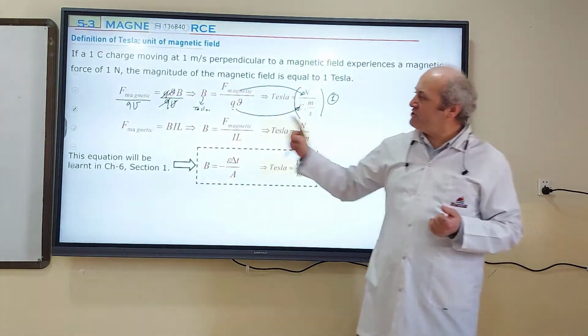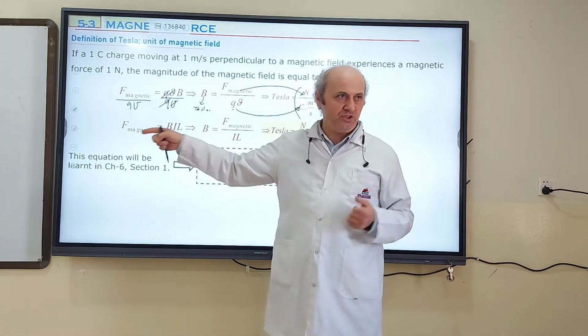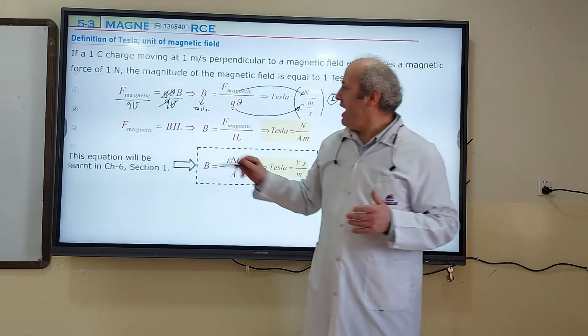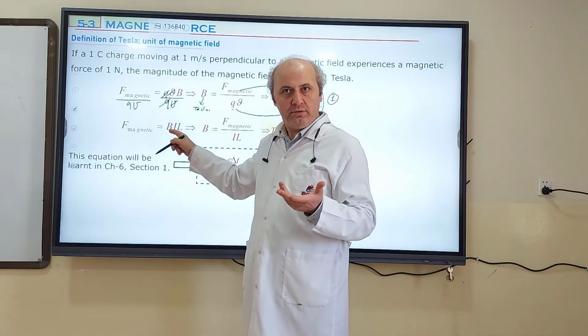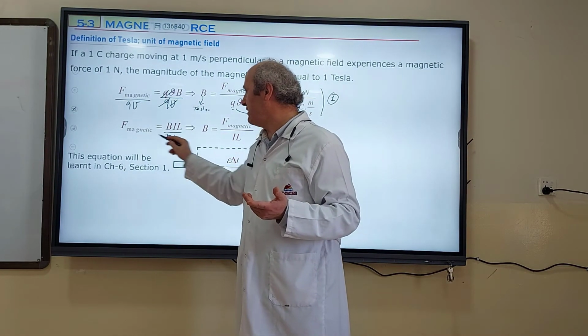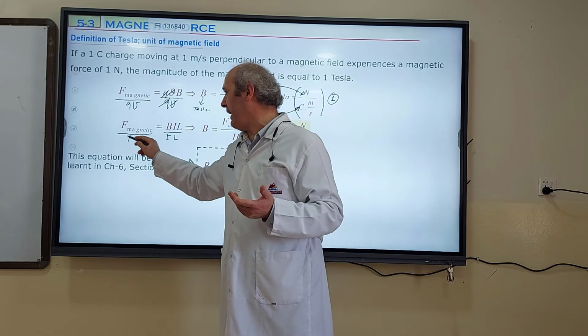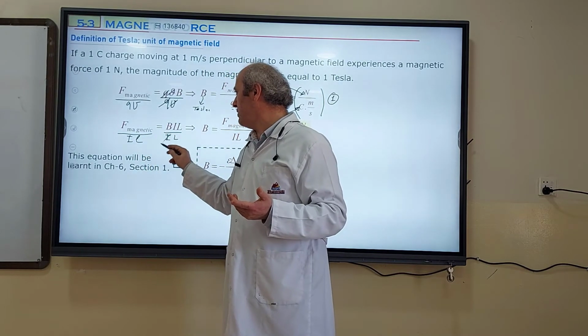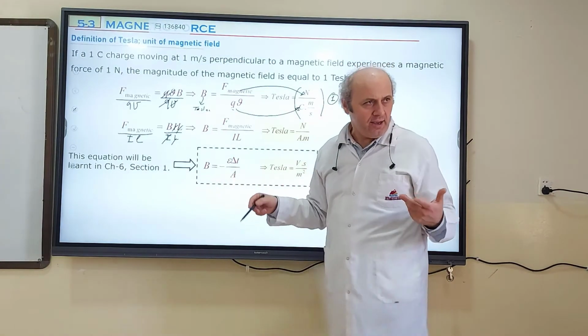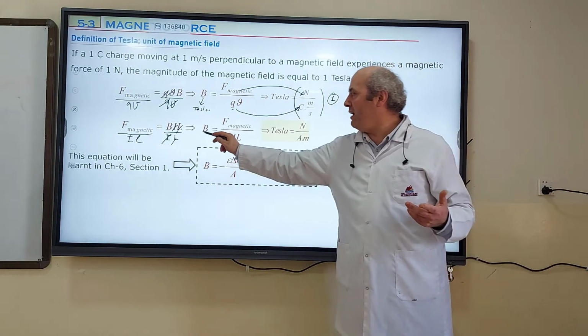The second one comes from the second equation, which is the equation for magnetic force acting on a wire inside a magnetic field. Again, I'm going to leave B alone by simplifying I and L. Divide both sides by I and L. So, B is equal to F magnetic divided by IL. Again, B is Tesla.